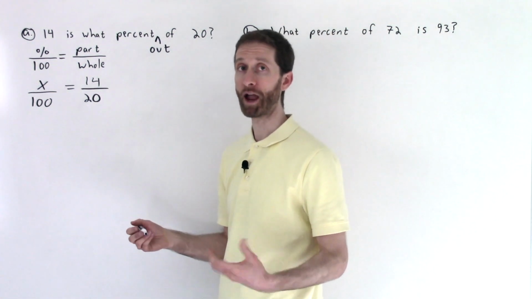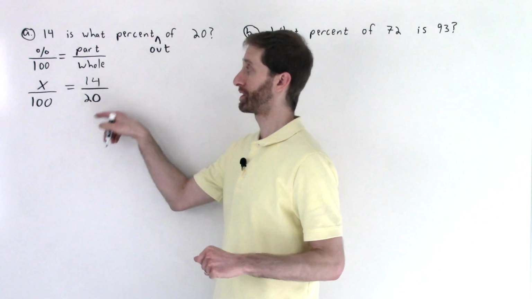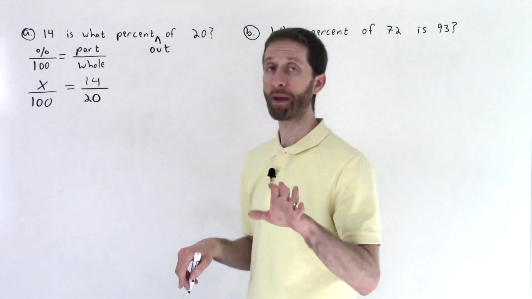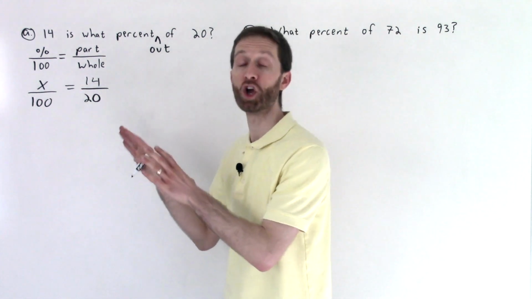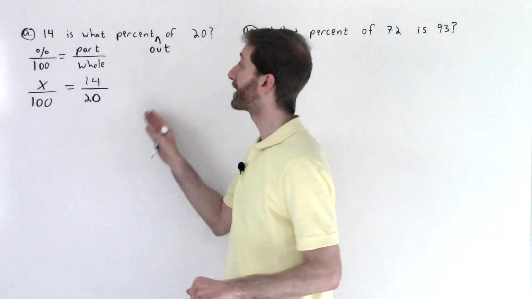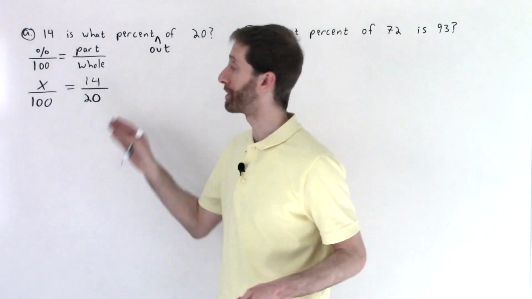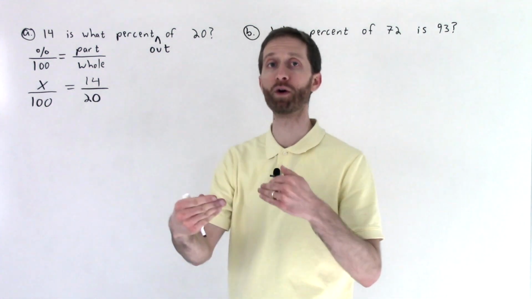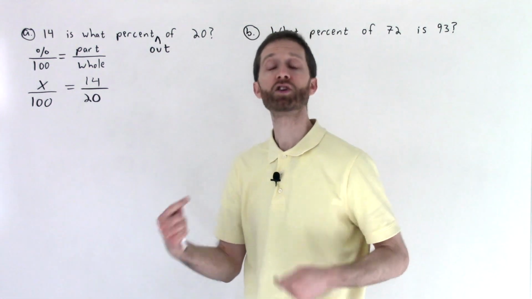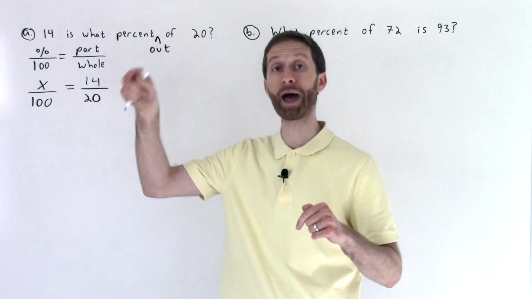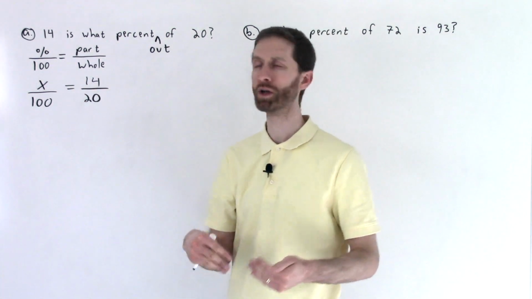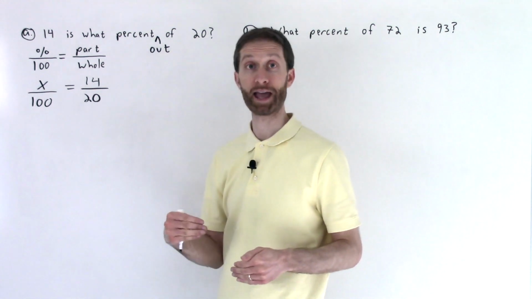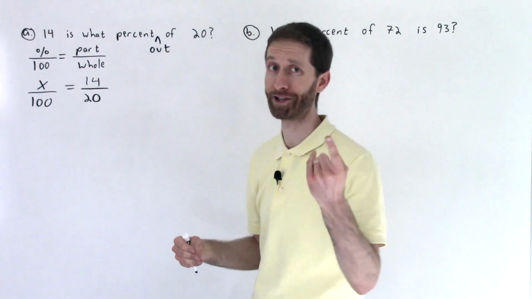But before I finish off this proportion, remember that to get really good at these problems, stop at this point, go on to the next problem and set it up, and then the next problem and set up the proportion, and so on and so forth. You'll get really good at the new part. Solving the proportion is the old part, which you'll go back to and practice through all the problems. And then maybe with the last problem or two, you do the whole problem from beginning to end. It's a good way to drill this stuff and get good at it.